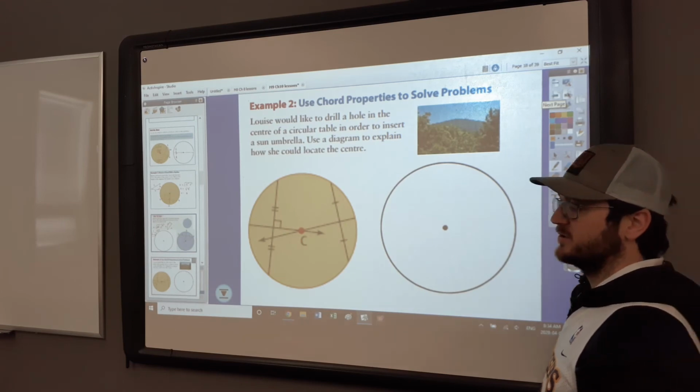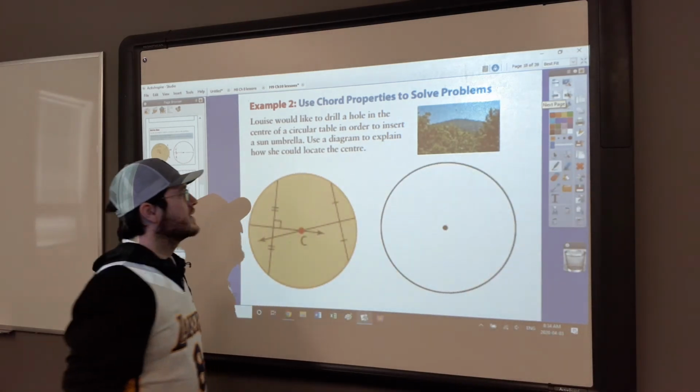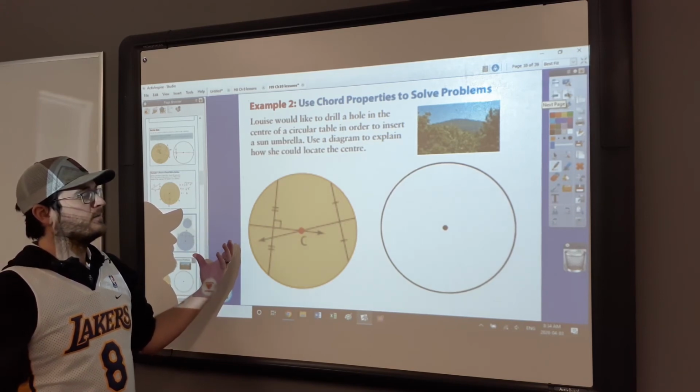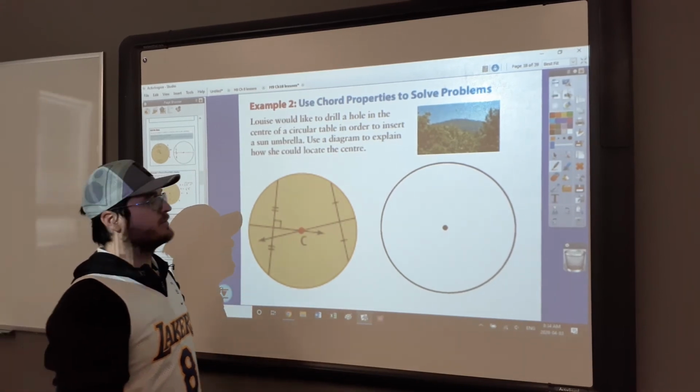Example 2 is not going to be really practical for this section, but it's using the rule that we just learned, and it gives you a way to figure out the middle of a circle.